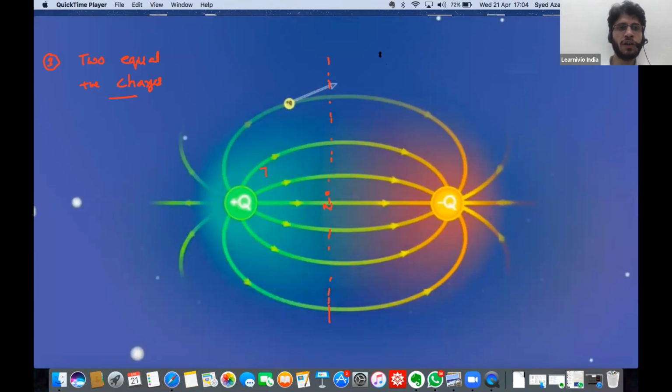So these are electric field lines basically. We have drawn electric field lines for a system of two isolated charges, one positive, one negative. Then we drew electric field lines for a dipole.